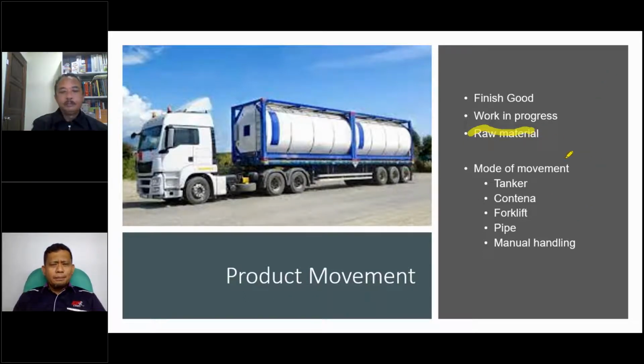The second type is WIP, work in progress. Basically, work in progress is the intermediate in a chemical industry or chemical plant. Normally the first process is preparation of master batch, preparation of the catalyst.